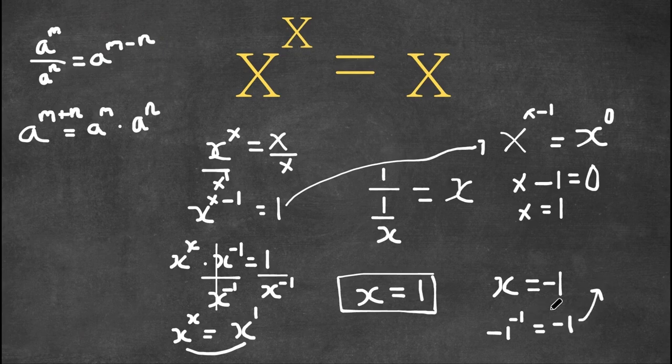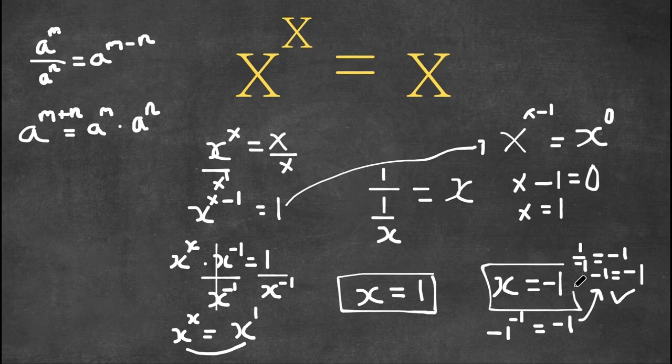Well, -1 to the power of -1 is simply 1 over -1, and this is equal to -1, so -1 equals -1. So this is right. So x equals -1 is also a solution to this equation.